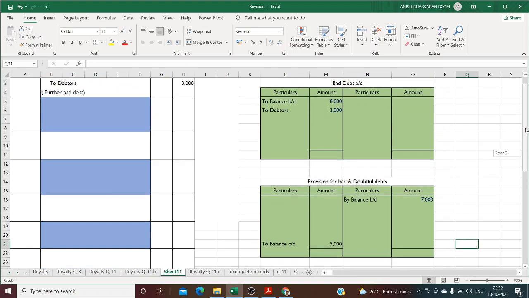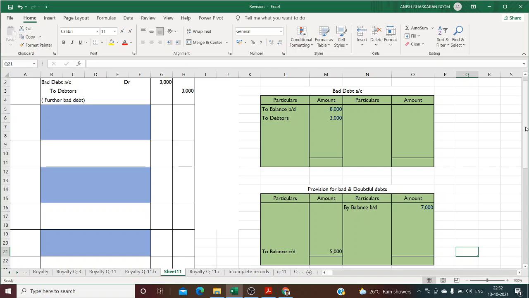Now, after considering these two transactions, we have to close our bad debts account. Find out the balance amount, that is 11,000, and this 11,000 to be transferred to provision for bad and doubtful debts.